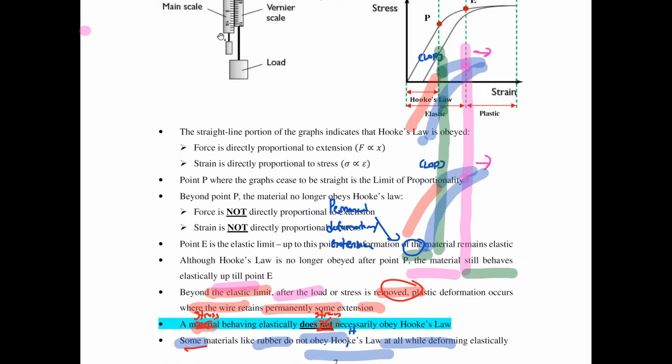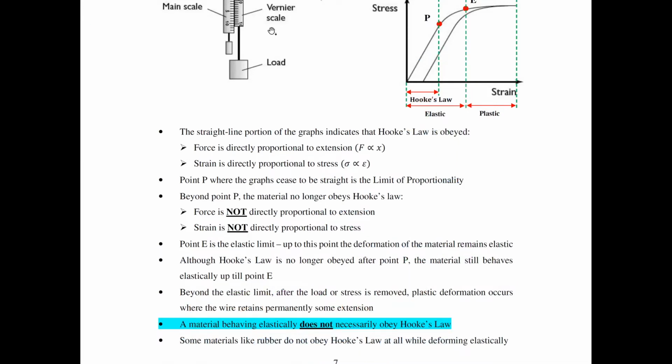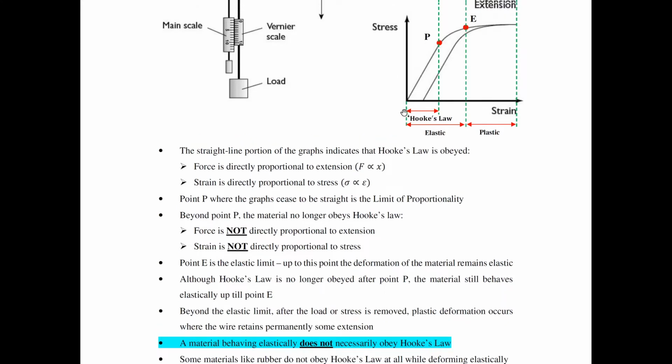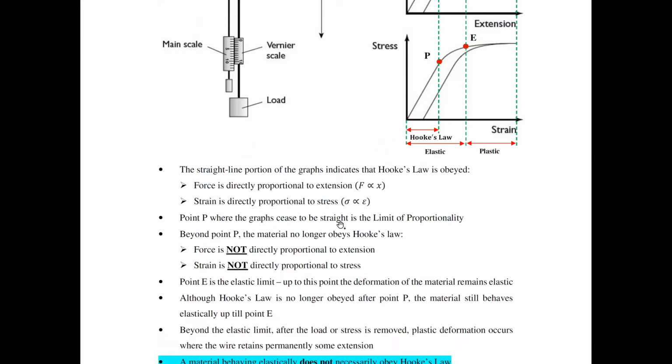When a material behaves elastically, it doesn't necessarily need to obey Hooke's law. Okay, what I mean by that is that, you see, in your graph, Hooke's law is up to here only, but elastic deformation is up to here. So some portion of your elastic deformation is where Hooke's law is still obeyed.